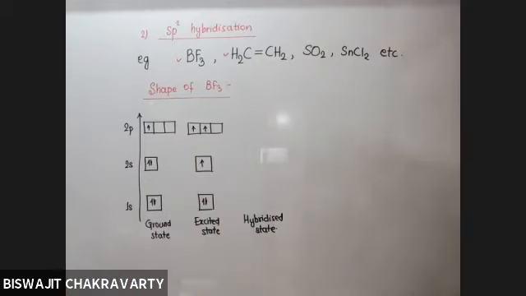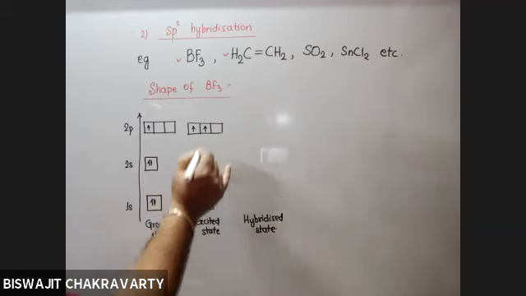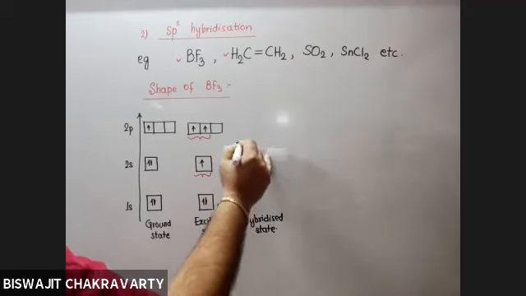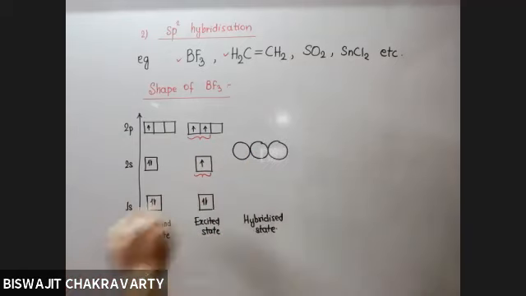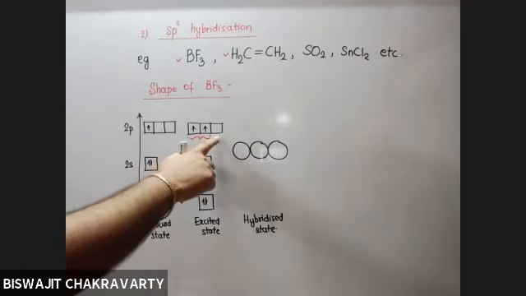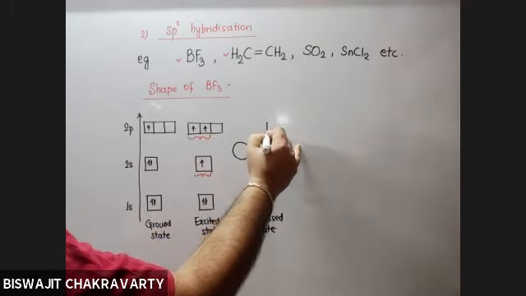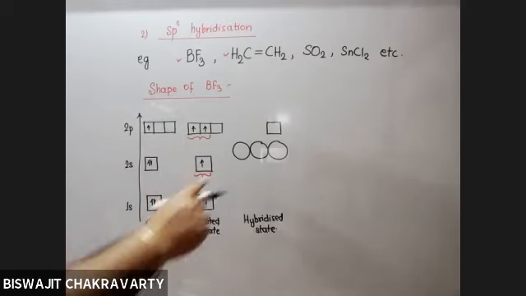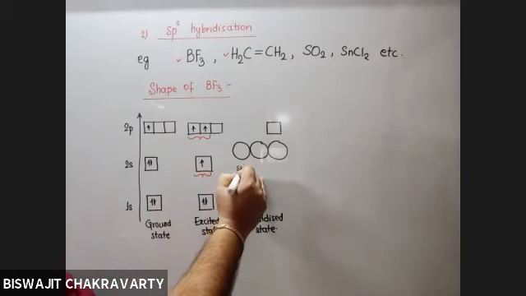This is sp2, and in sp2 this s is going to intermix with only 2 of the p orbitals, producing a total of 3 sp2 hybrid orbitals. But the fourth one, which remains unhybridized, will be drawn in this manner. Again, I am repeating, the 2s orbital intermixes with 2 of the 2p orbitals, producing a total of 3 sp2 hybrid orbitals.